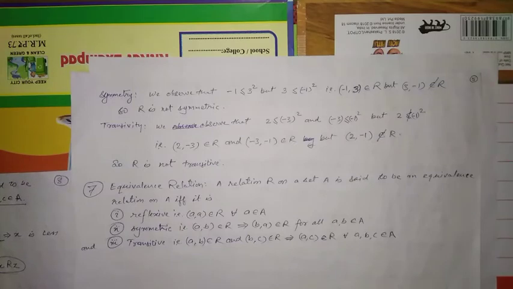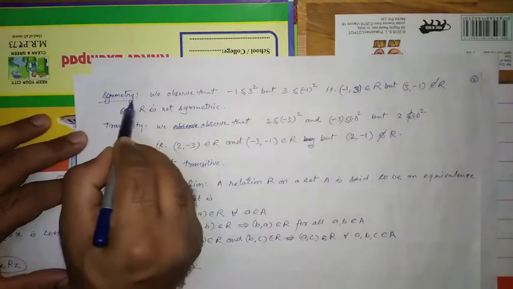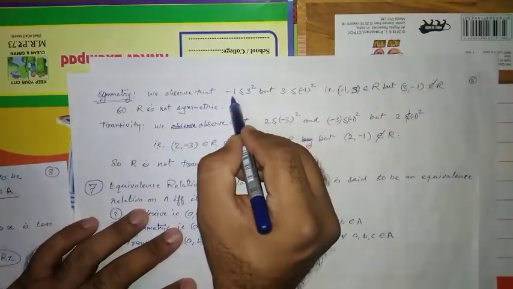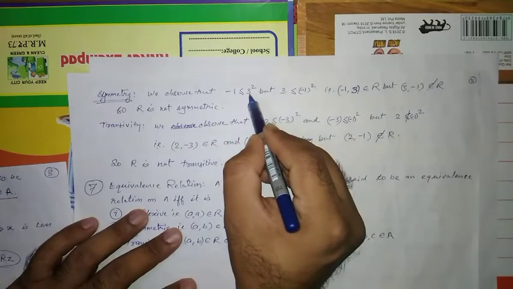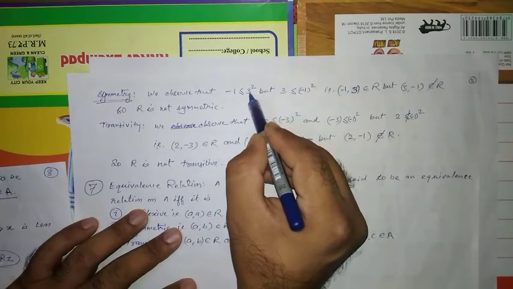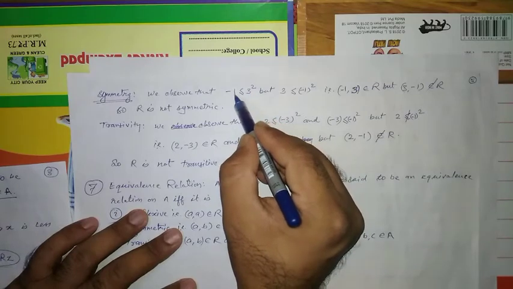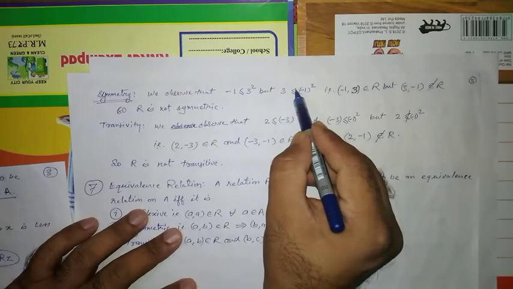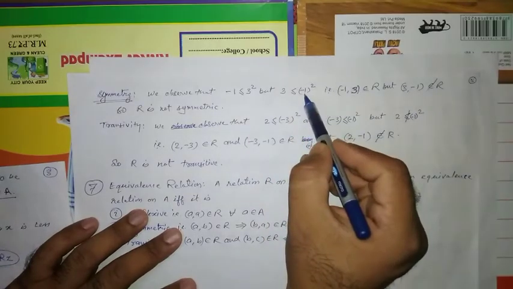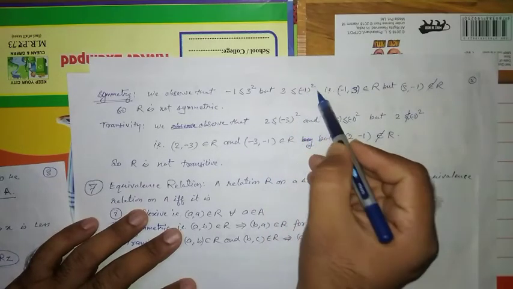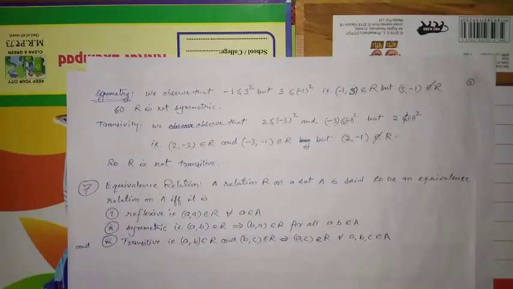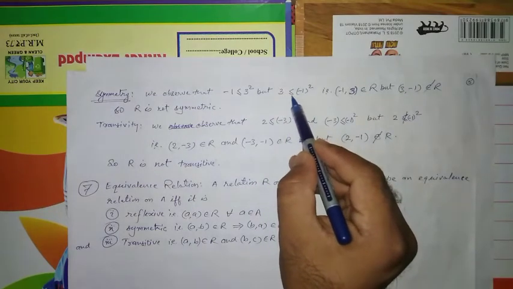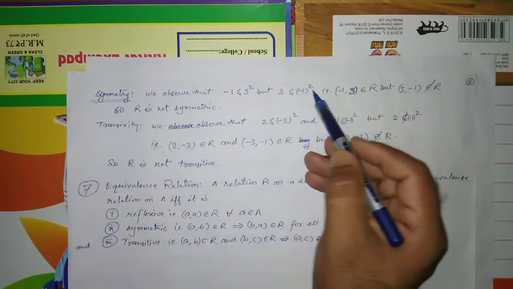Now coming to symmetry, we have to check this. We observe that -1 ≤ 3². 3² is nothing but 9, and definitely 9 is bigger than -1. But 3 ≤ (-1)² is not true. Why are we doing this?